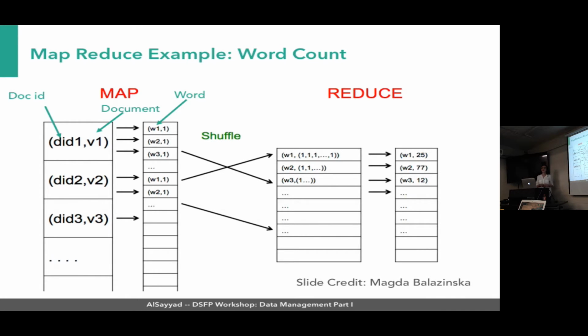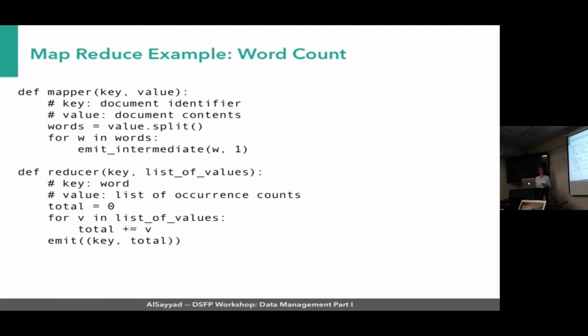Yeah. So suppose your document was bus, bus, bus, bus. Why would you not aggregate all those buses and then send out bus, comma 5, or however many buses you have? Would you just send out bus 1, bus 1, bus 1, bus 1? No, you're right. In practice, you can still do it in this framework, but you can apply your reducer function before sending it to the shuffle and sort algorithm.